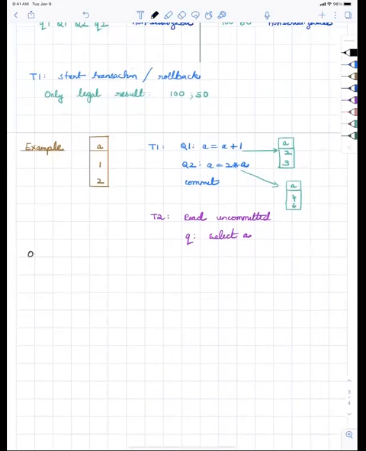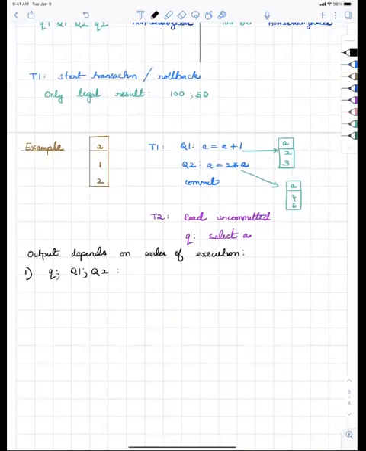You can get all kinds of output because it's a dirty read. If you did Q first, followed by Q1, Q2, this is equivalent to T2 followed by T1.